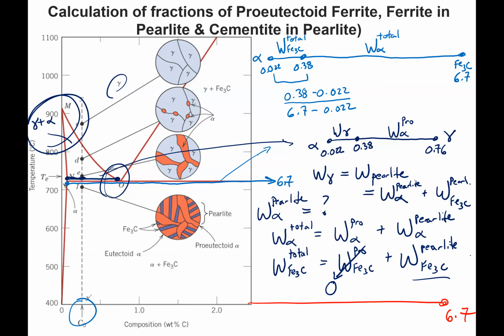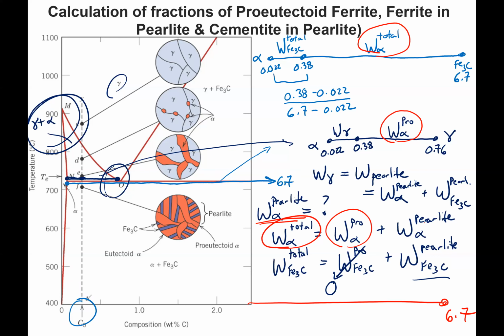But in terms of the ferrite in the pearlite, what we're going to need to do to get that is to get the total alpha, and we said that was this bottom tie line. And then we're going to subtract from that the pro-eutectoid alpha, which comes from that upper tie line.